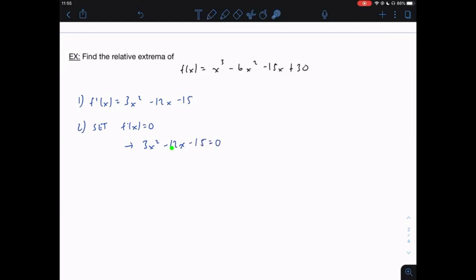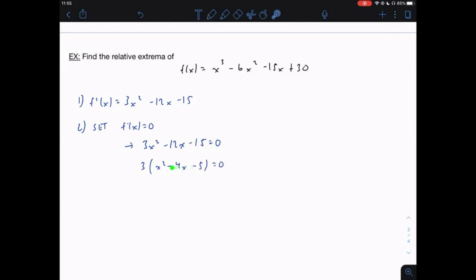Now, before we start solving for 0, let's see if we can take out any common factors between our three terms here. Look at what we have: 3, 12, 15. What do these three coefficients have in common? A factor of 3. So let's take 3 out from each term to give us x squared minus 4x minus 5 on the inside.